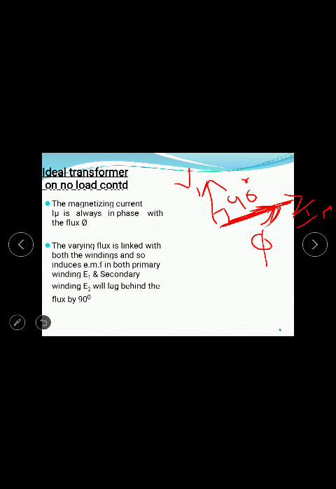This is E1, and this is also E2. So this is the 90 degrees. So E1 and E2 lag behind the flux by 90 degrees.